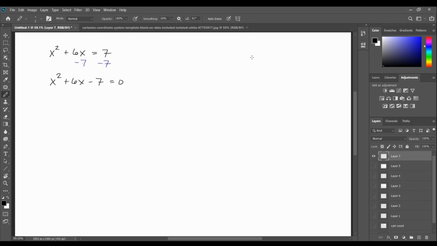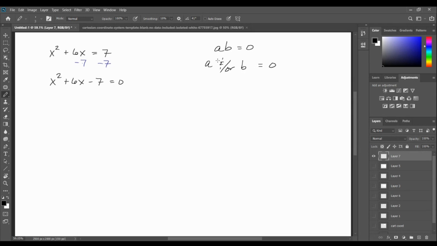And I want that to be the case because, just kind of setting that aside for a minute, if I have a times b equals 0, in order to make that true, a and/or b has to equal 0. There are no other pairs of numbers we can multiply together and get 0 unless a and/or b equals 0.